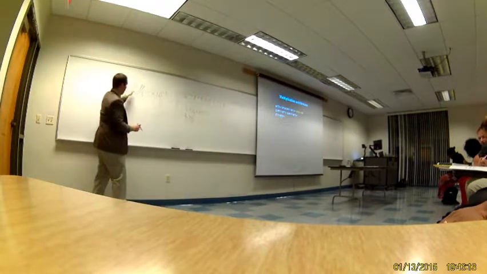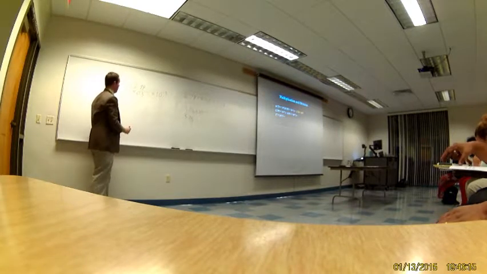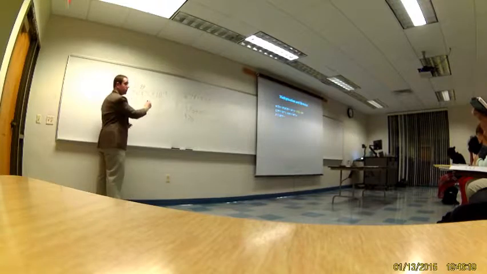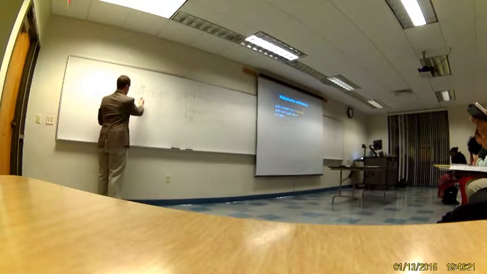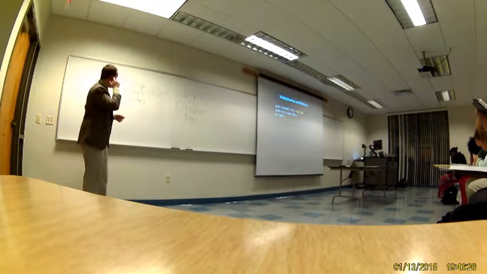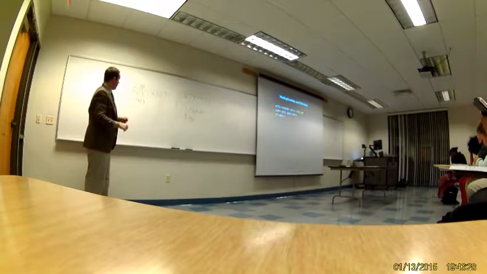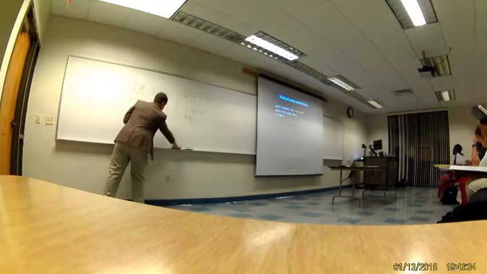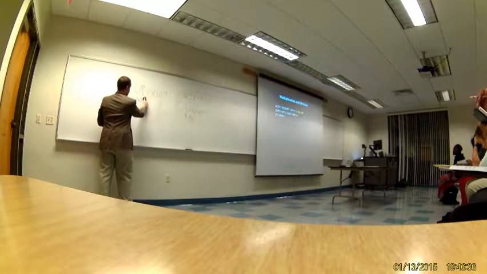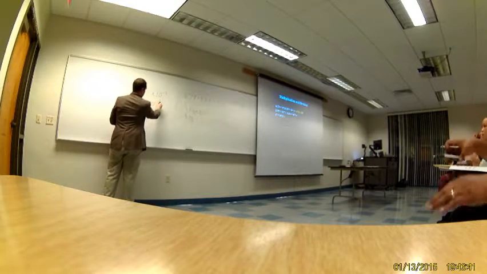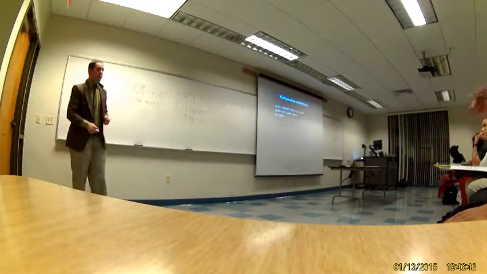So what does this come out to? 0.742. How many sig figs should this have? 3. That has 3, that has 3, so this has to have 3. So it is 0.742 times 10 to the negative 3. Everybody okay?